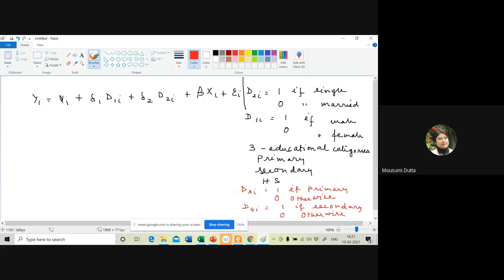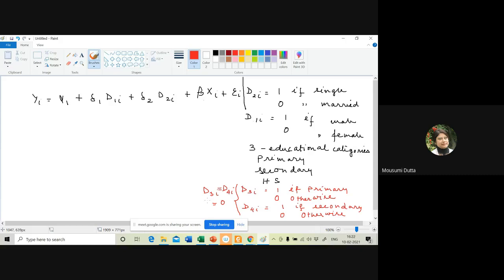Actually, what we are finding is that when both D3i and D4i are equal to 0, we are getting another category, that is the HS group. Very good.